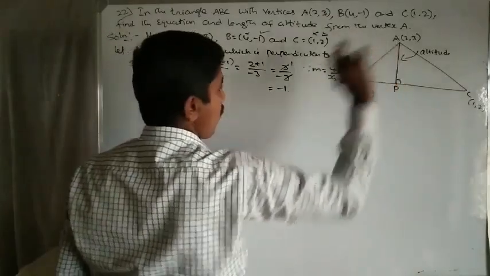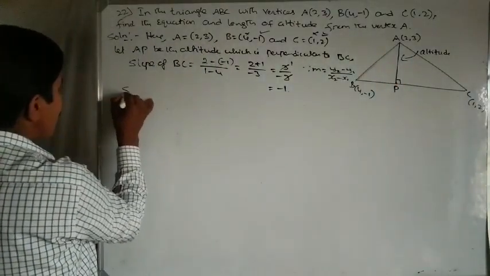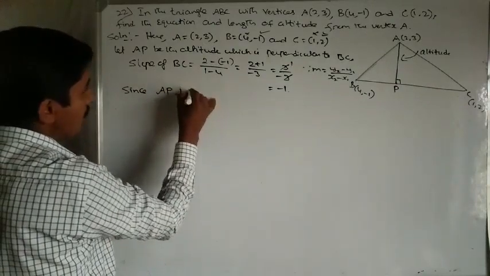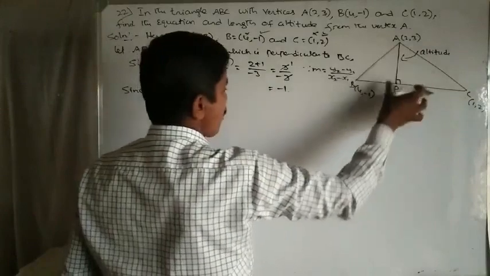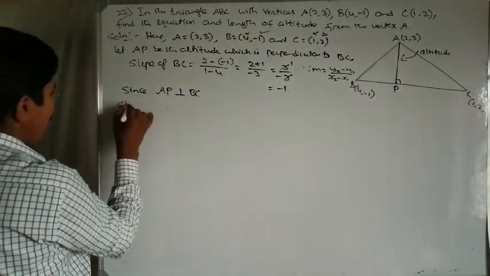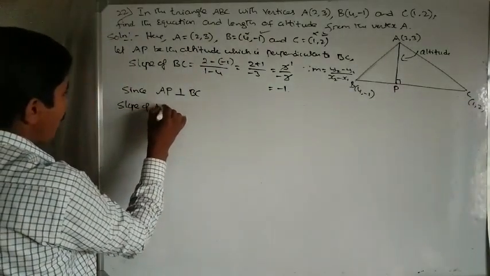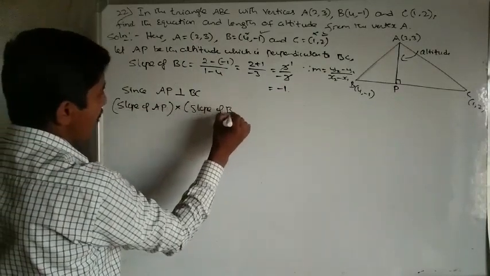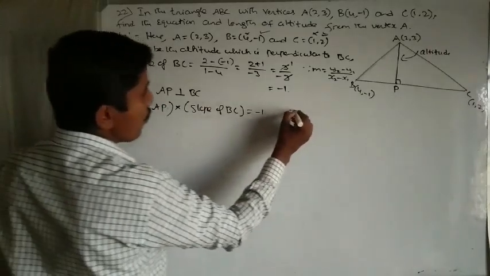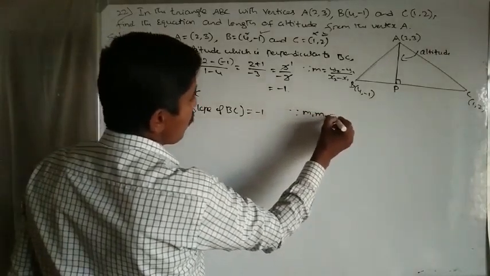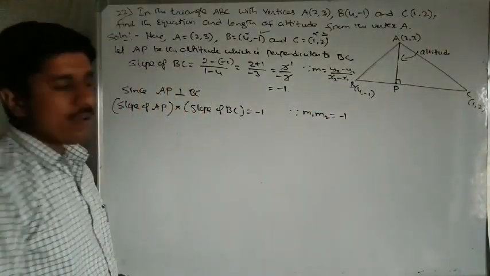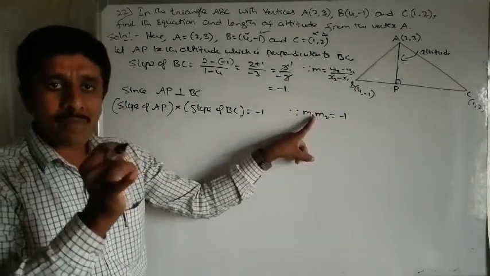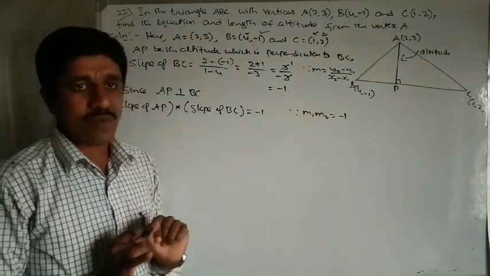Now I am going to find the slope of AP. Since the AP line is perpendicular to BC, the slope of AP times the slope of BC is equal to -1. We know that if two lines are perpendicular, the product of their slopes is equal to -1.